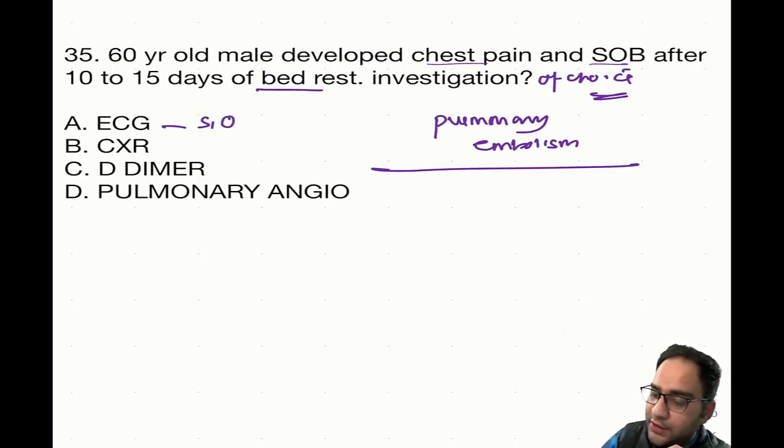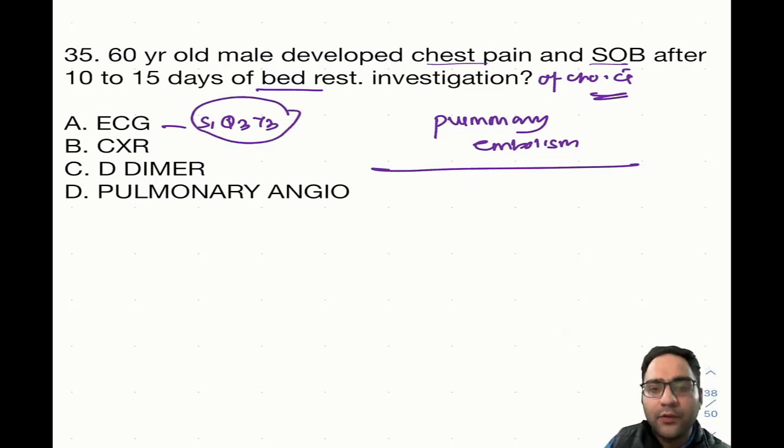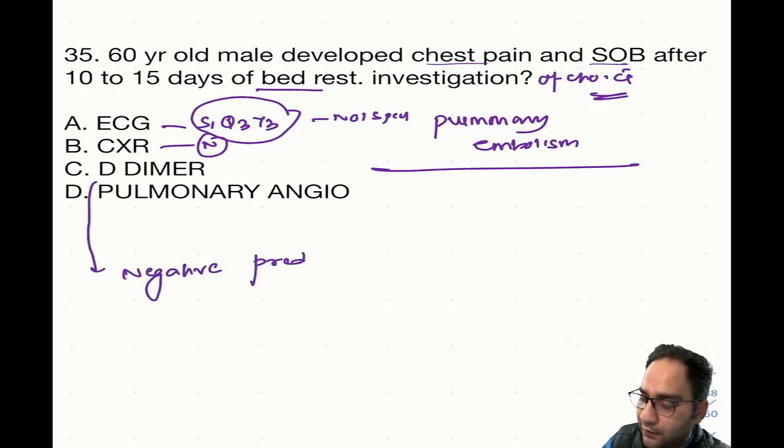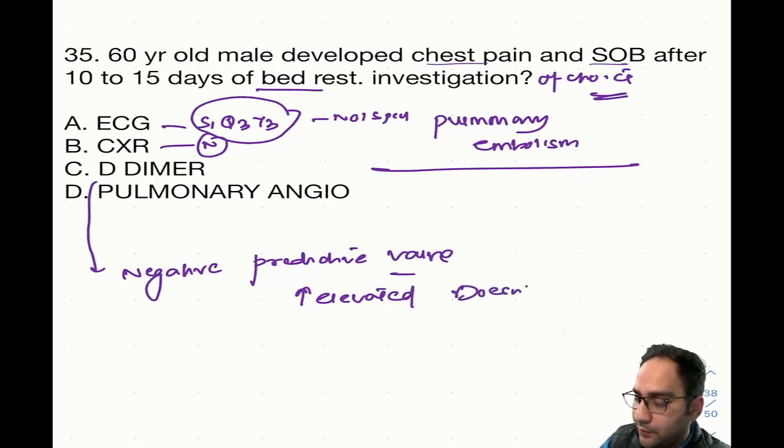ECG will give you S1Q3T3 pattern, right? But this is not specific. Chest X-ray may be normal. D-dimer has got a negative predictive value, right? That means if it is elevated, it does not mean that you are having pulmonary embolism.